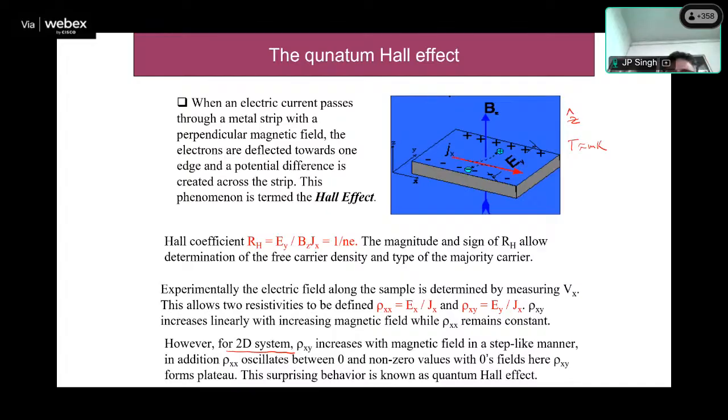See here, this is my Hall coefficient, same thing. In the Hall effect we get two types of resistivity, because of Ex and because of Ey, the field due to the Hall voltage. So we get two resistivity terms, one because of the Hall voltage, which is rho xy, and one along the length of the structure.